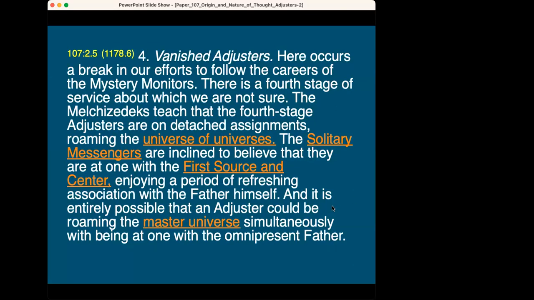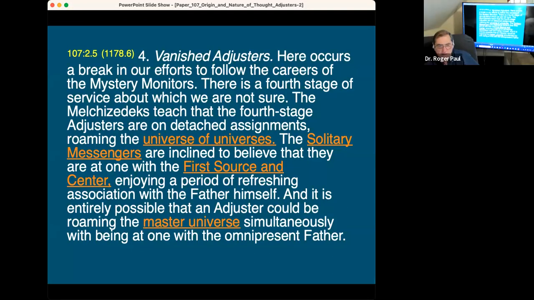So Roger, yes. Whose personality would a vanished adjuster have? It would have the aggregate of personality that was provided by God the Father, but it would also have the experience of the beings that this adjuster had indwelled during their lives.